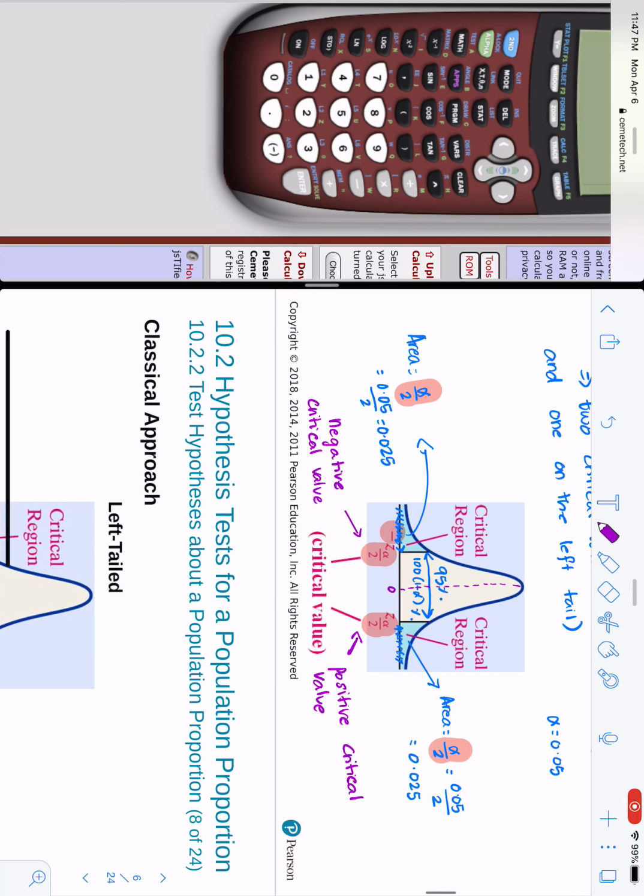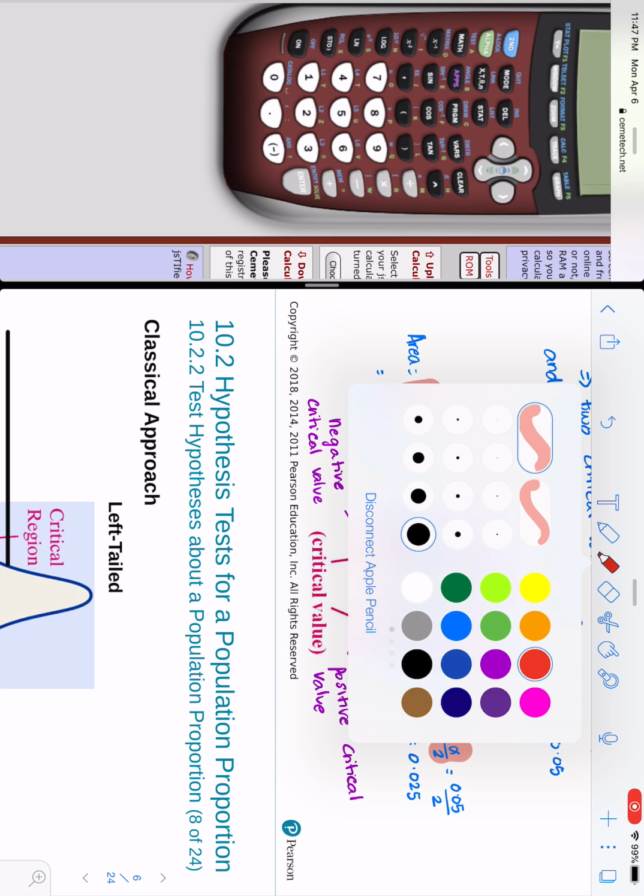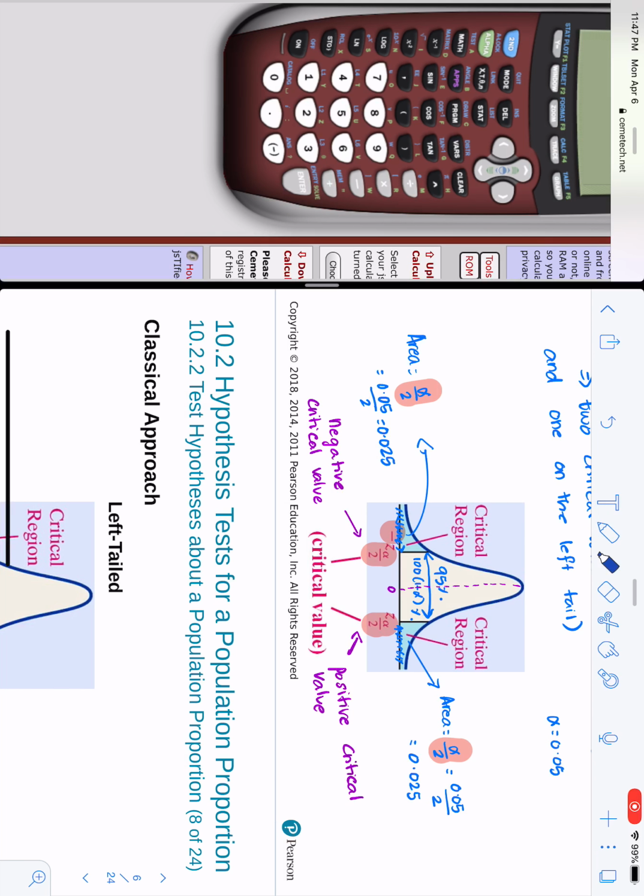So why do we have to use the letter Z right here? Why Z indeed?